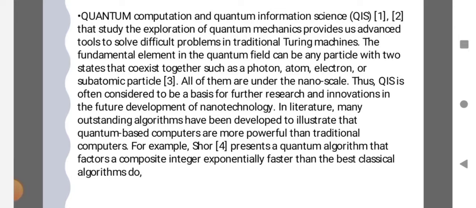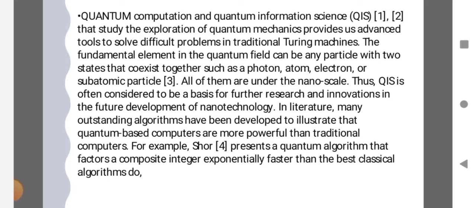All of them are at the nanoscale. QIS, namely quantum computing and quantum information, is often considered to be a basis for future research and innovations in the further development of nanotechnology.